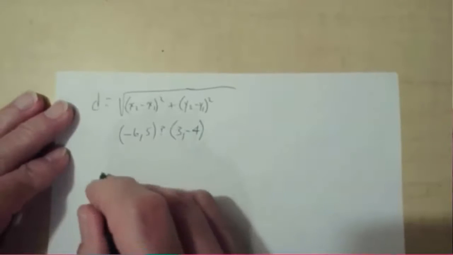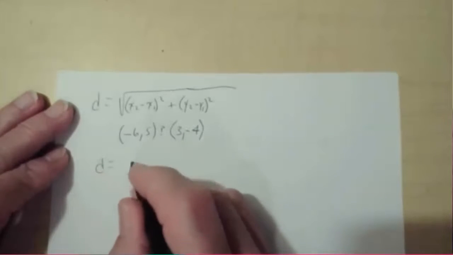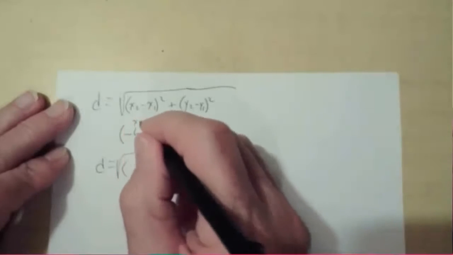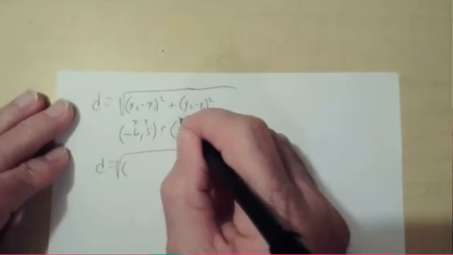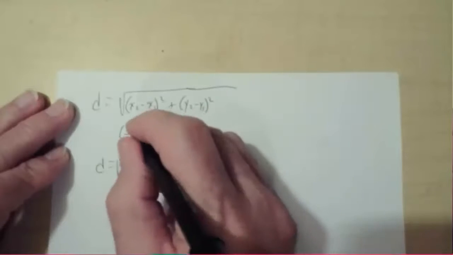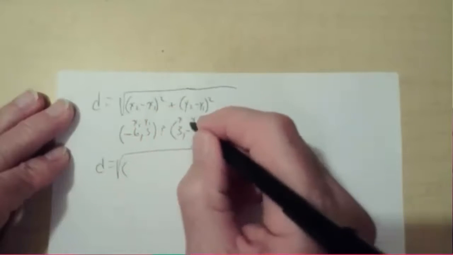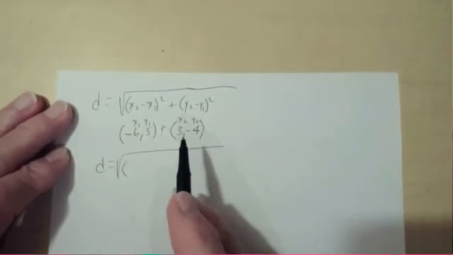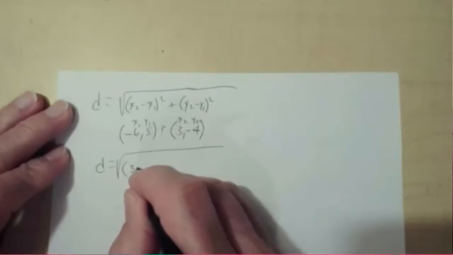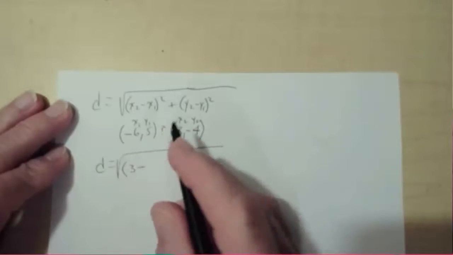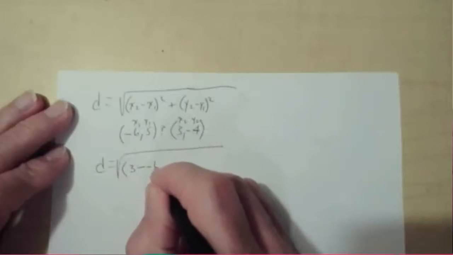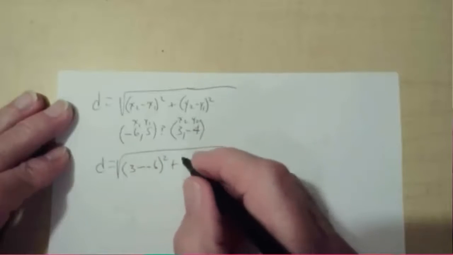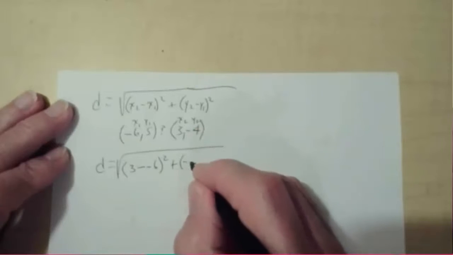So our distance is the square root of x2, remember, they're always in the form (x, y). This is very important, because we're going to use it over and over again. Okay, x2 is 3 minus a negative 6, so minus a minus 6 closed squared plus y2 is negative 4 minus 5 closed squared.